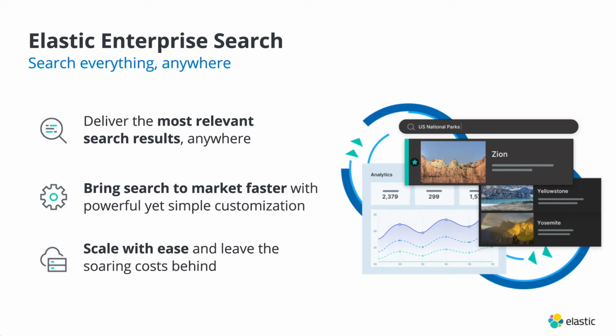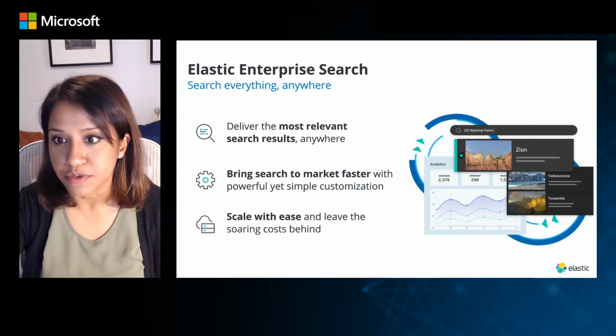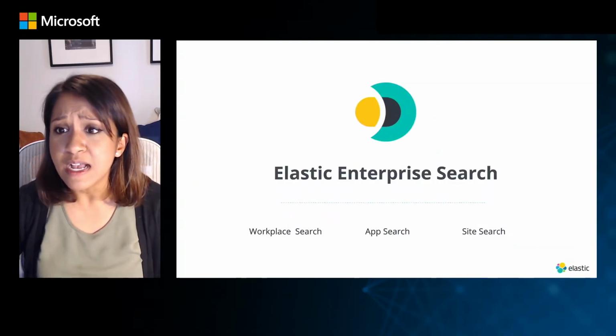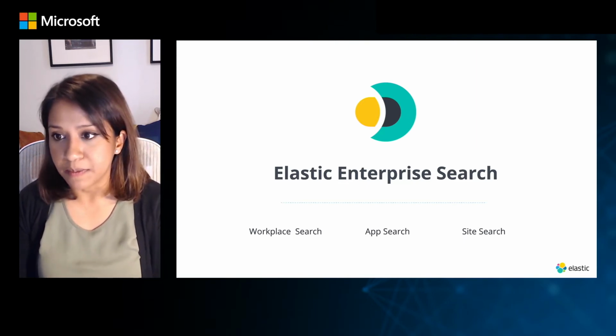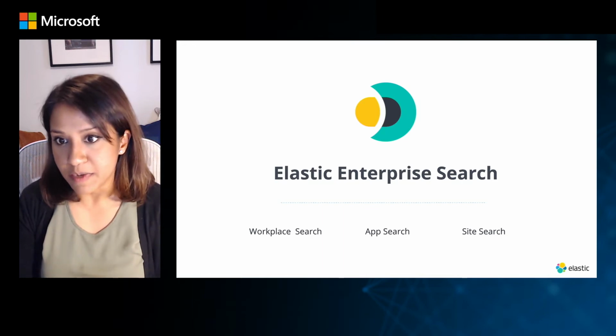All of those should be available out of the box so that you're ready to go, and also allow you to scale with ease and leave behind the expensive costs that are often associated with building search solutions. So Elastic Enterprise Search is composed of three offerings that are all available in the Azure Marketplace.